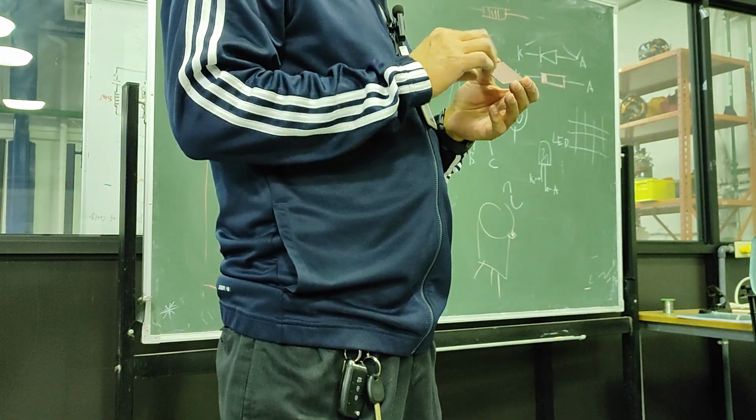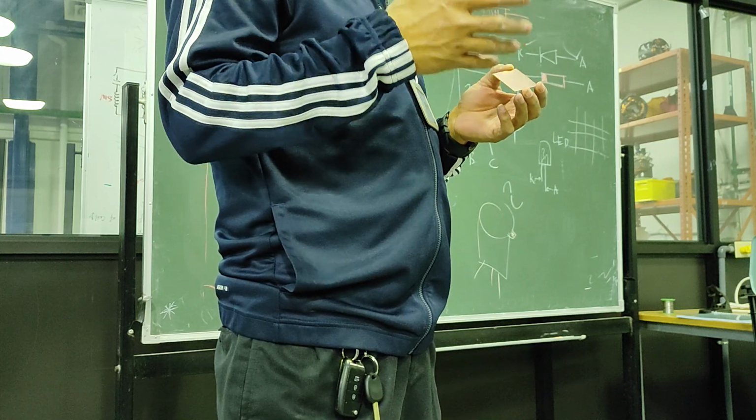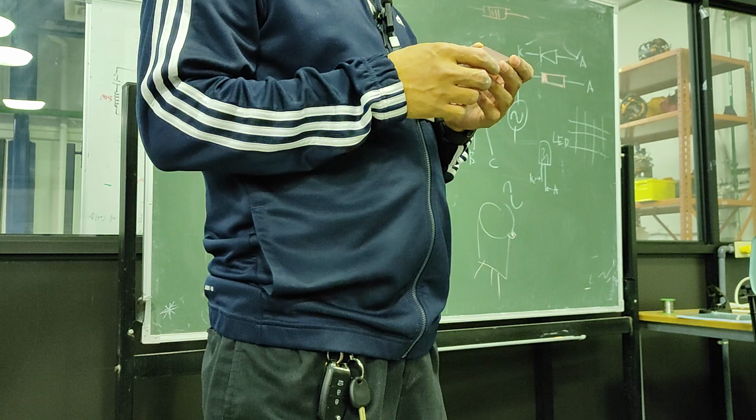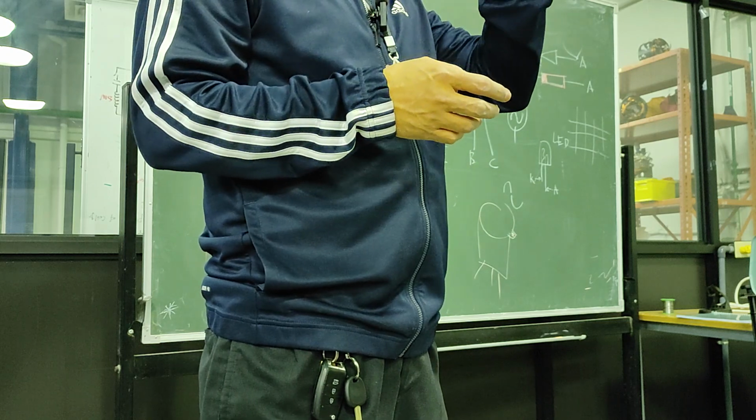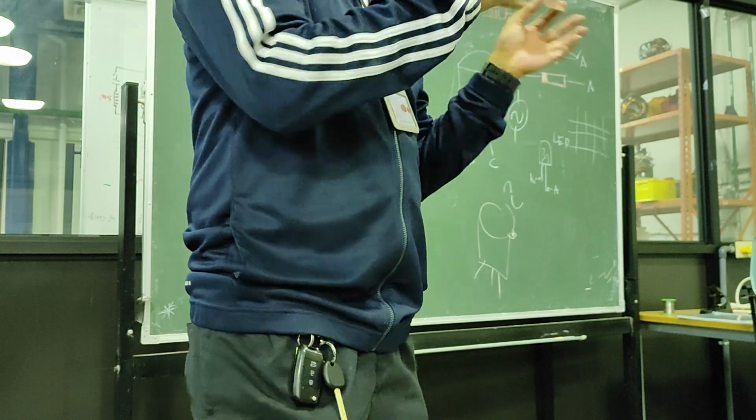Lab 4 is actually the start of what we need to see, where I will teach you how to fabricate a simple PCB. You will design a layout from a circuit, which I discussed last time.